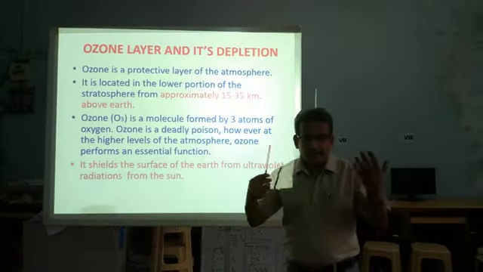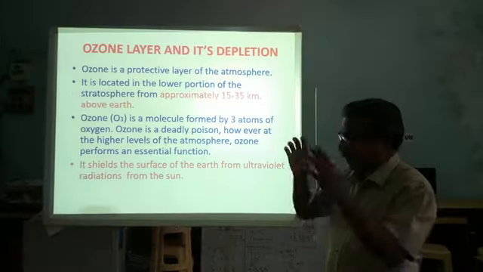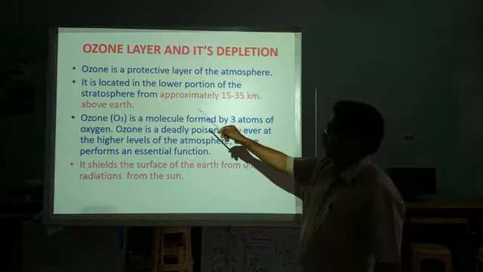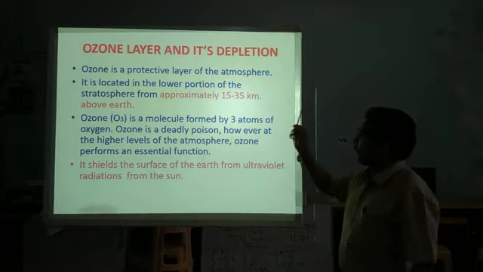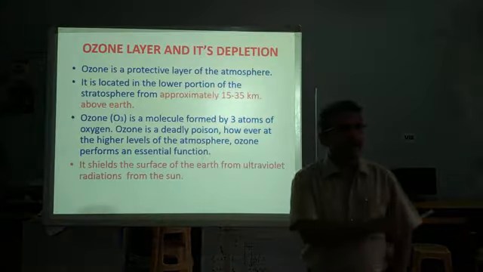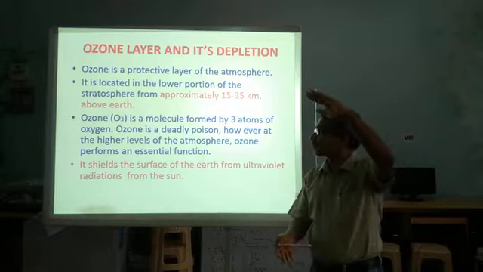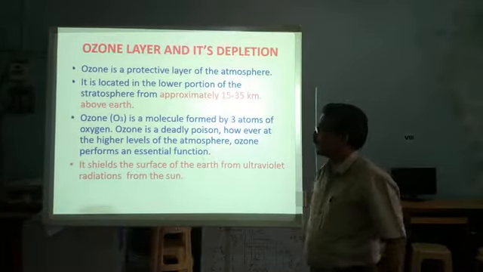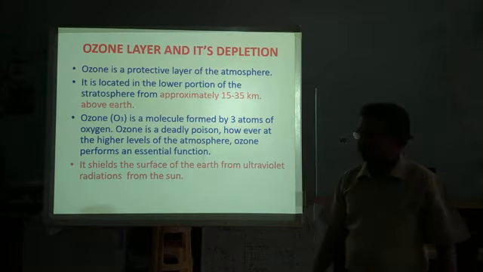And if at all we see the location of the ozone layer, at what part of the atmosphere the ozone layer is present, we can find that it is located in the lower portion of the stratosphere, from approximately 15 to 35 kilometers above the earth. So that is the distance at which the ozone layer is situated from the surface of the earth.